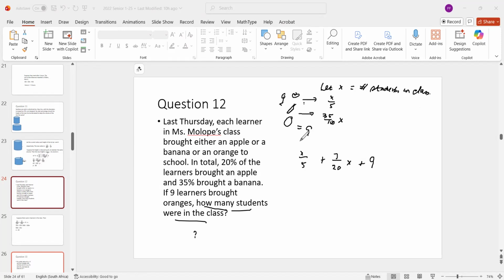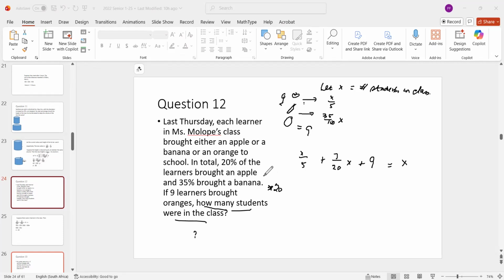These are the 9 people who brought the oranges. And that is equal to x, because that's the total number of students in the class. Right. So now you've got an equation involving x. I don't like fractions, so let's multiply right throughout by the common denominator. The common denominator is 20, as you can see. So multiply right throughout by 20.